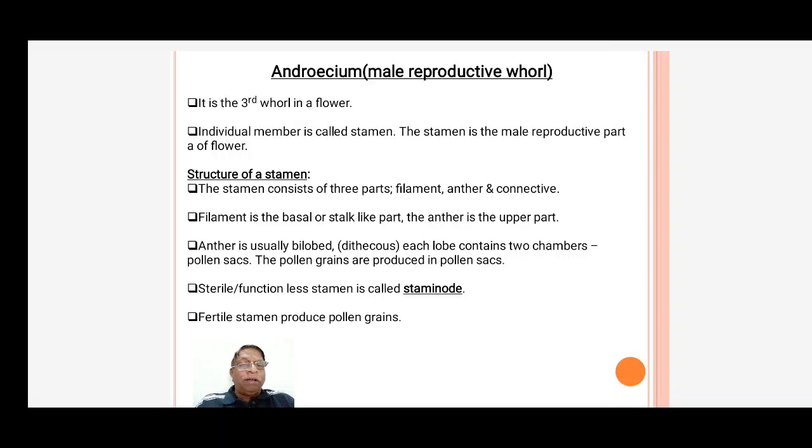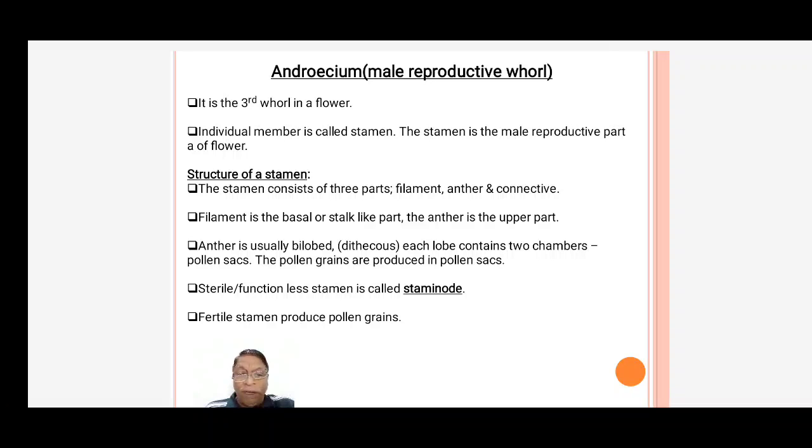Such stamen is called staminode. To put it in other words, sterile stamen is called staminode. Okay, that's all about androecium. Now we shall see the gynoecium.